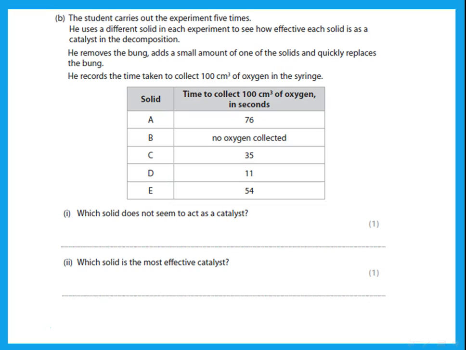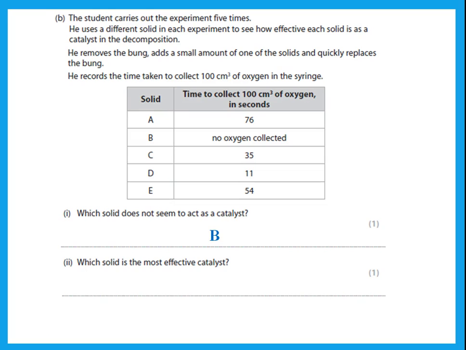Which solid does not seem to act as a catalyst? The one that did not give out any gas at all. So if it takes a very long time to give me a certain amount of gas, that is not really working. So the one that did not give gas at all is not working as a catalyst.